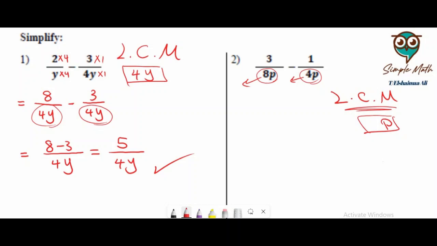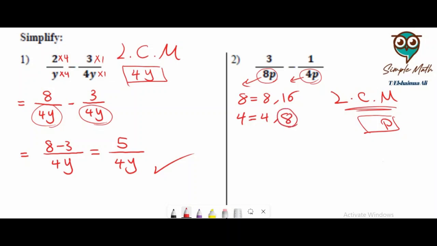Let's start with 8. The multiples of 8 are 1 times 8 gives me 8 and also 2 times 8 gives me 16. Okay, that's enough. Let's see 4. What are the multiples of 4? 1 times 4 gives me 4 and also 2 times 4 gives me 8.